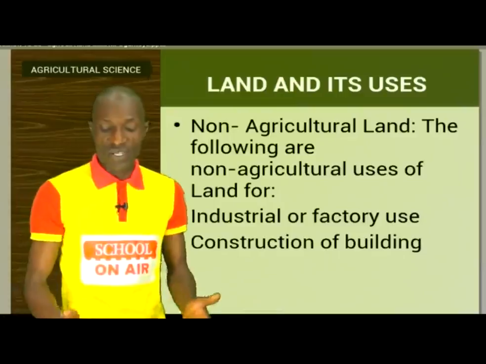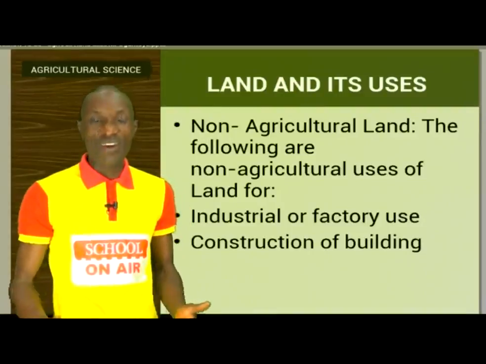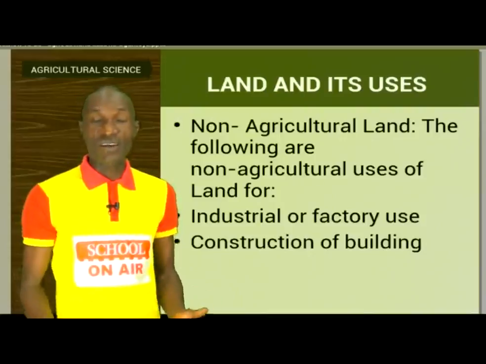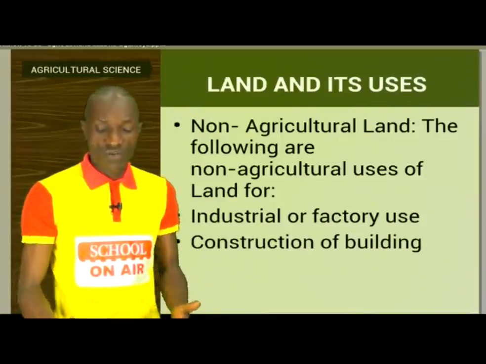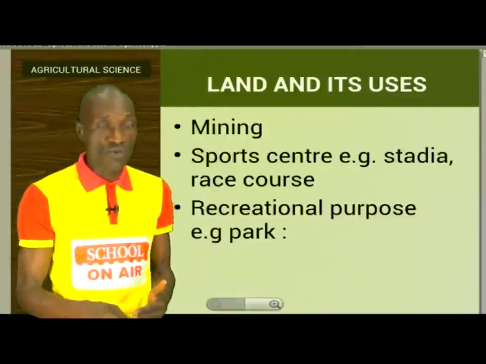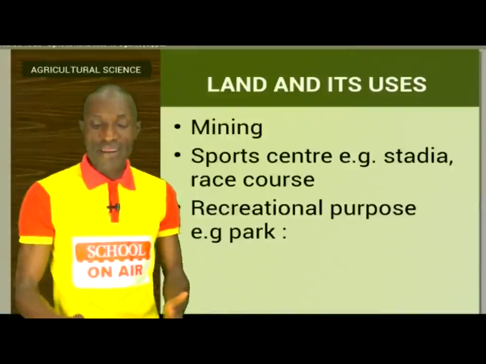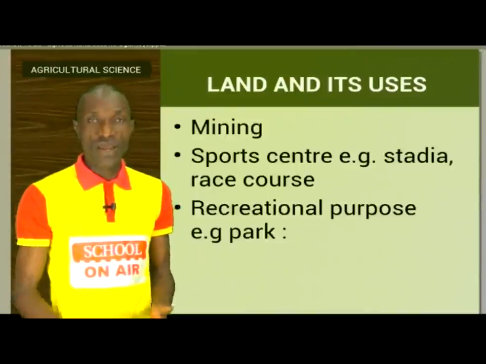And towards the tail end, we discussed non-agricultural land. We said that the following are non-agricultural uses of land. That is the land that is used for industrial factory use, construction of buildings, and mining. Then another one, we have the sports centers, e.g. the stadia and the racecourse.